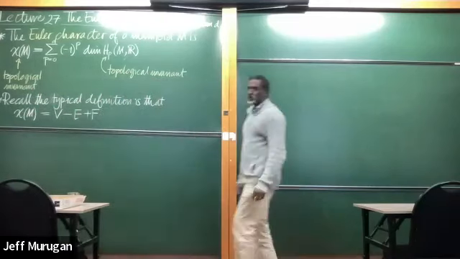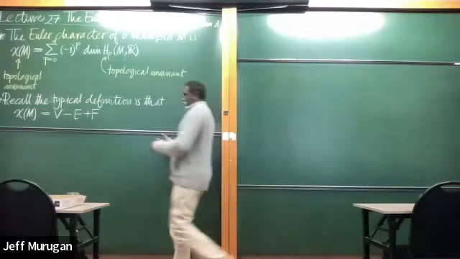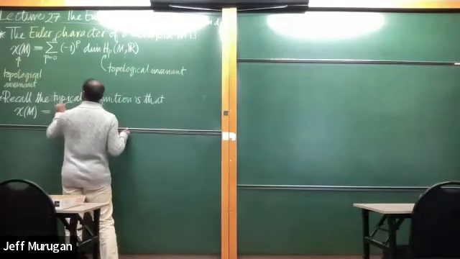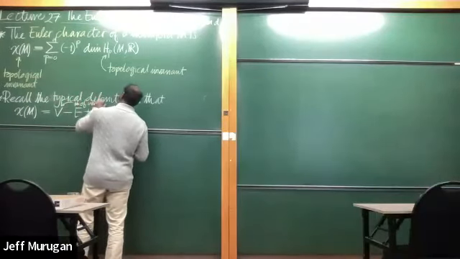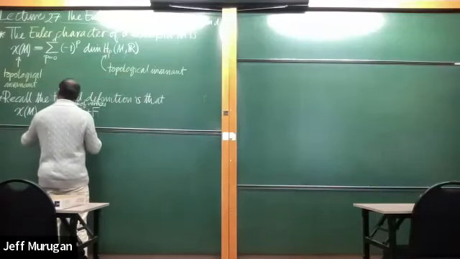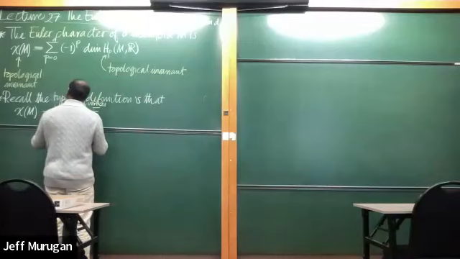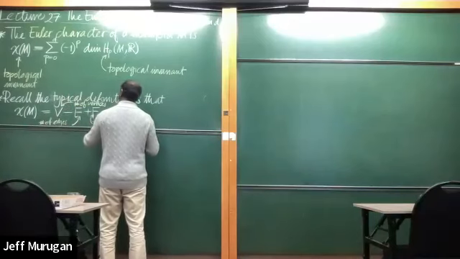Certainly, this is true if you're talking about a graph, right? So this is the number of vertices, the number of edges, number of faces.